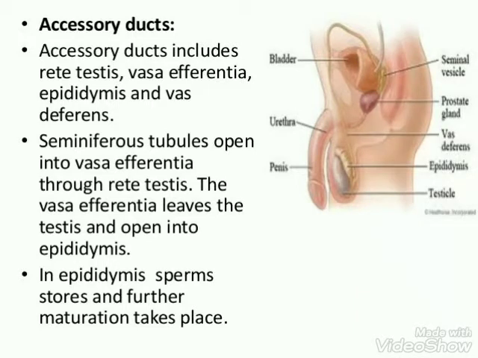The epididymis is a long, coiled tube present along the posterior surface of each testis. It continues as the vas deferens and ascends into the abdomen to loop over the urinary bladder. The epididymis temporarily stores non-motile and immature sperms.